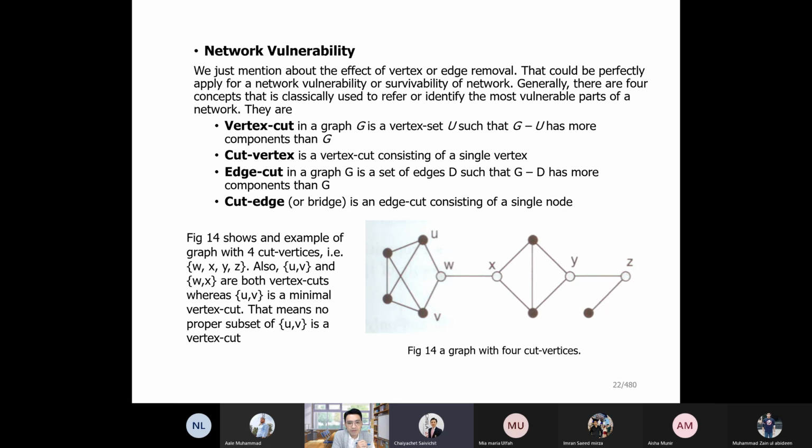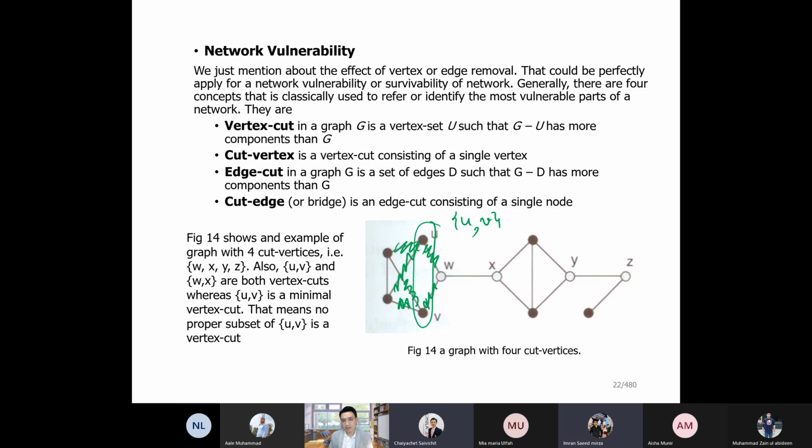And for example, if you remove U and V, that's a vertex cut, right? U and V in themselves are not cut vertices, but it's a vertex cut if you remove U and V together, because you eliminate all the edges connected to them.